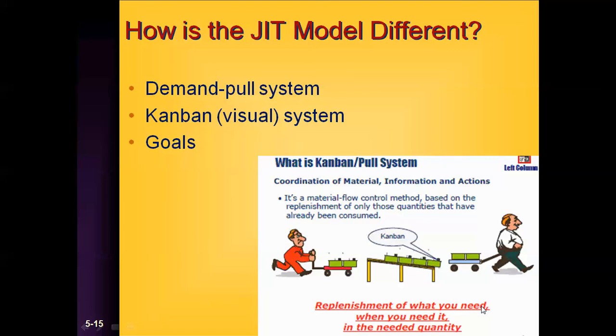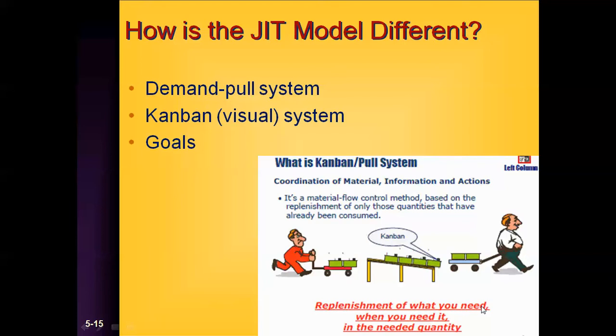Hey, accounting scholars, we're going to finish up the inventory portion of this by demonstrating why the just-in-time inventory model is different and why it is so effective. The just-in-time inventory model is basically a combination of what would be called a demand pull and a visual system.